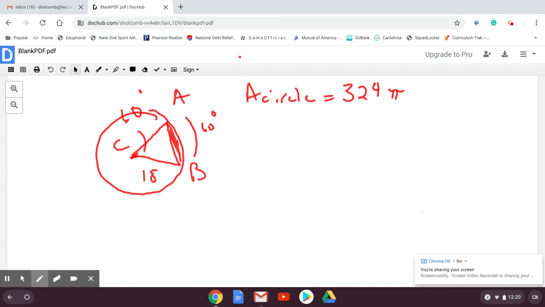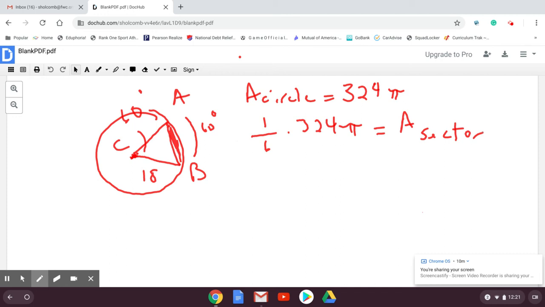So 1/6 times 324 pi is our sector. Well, 324 divided by 6 is 54 pi. So this is the area of our sector. But now we also have to find the area of that triangle.